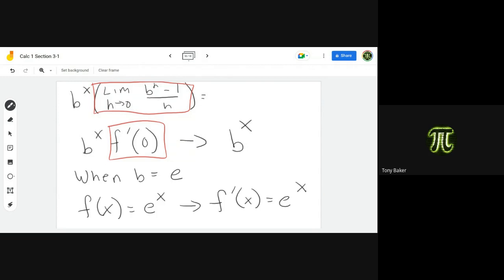So the derivative of e to the x is e to the x. It's only when it's e. Any other number, there's something else in front. Okay? If it's e to the x, it's e to the x.